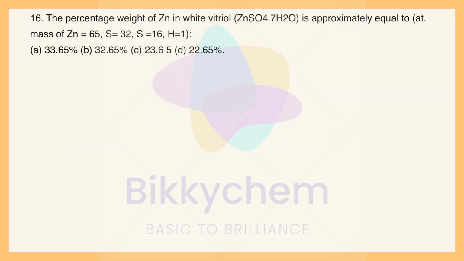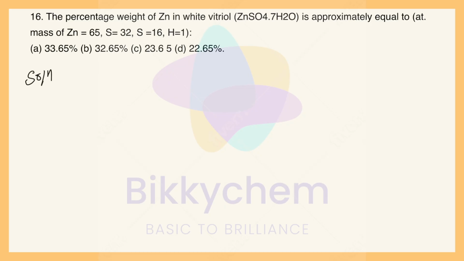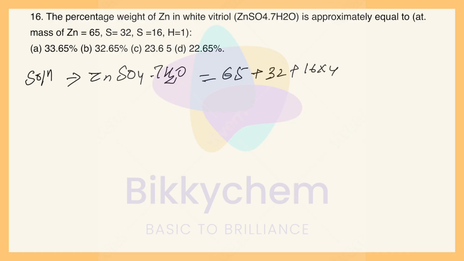Okay, dear students, another question, a very easy question. We need to find out the percentage of zinc in white vitriol. The formula of white vitriol is also given. So what we have to do is find the molar mass of white vitriol, that is ZnSO4·7H2O. So that is 65 plus 32 plus 16 into 4 plus 7 into 2 plus 16.